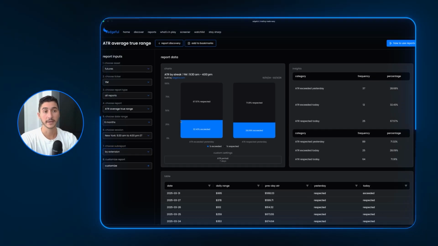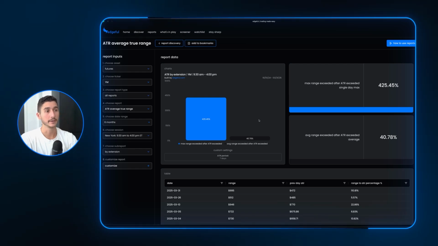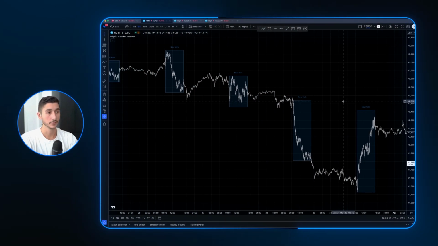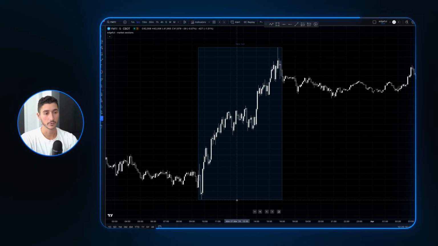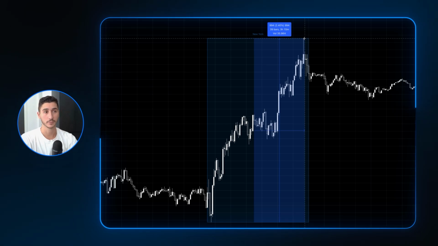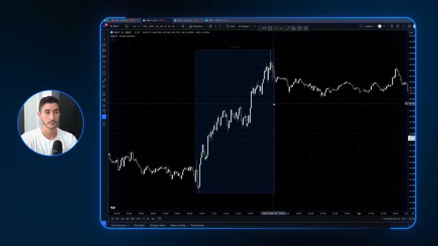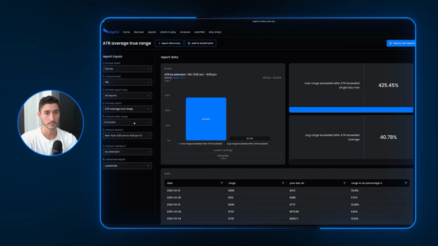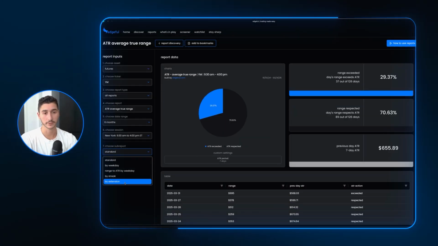Then the by extension. This is actually very interesting and this is perfect. So you can see here the total range was close to 1,000 points. If ATR is 600, what is it? Let me go back to my standard report here. 650 points.